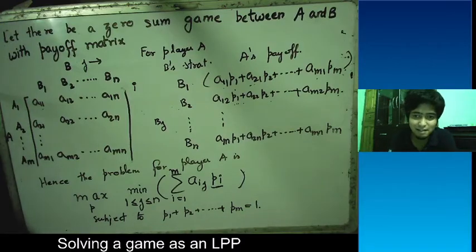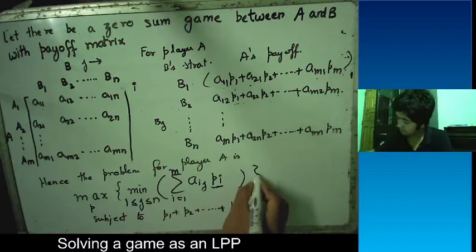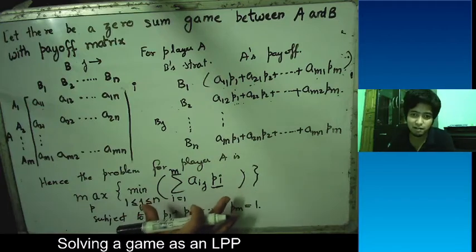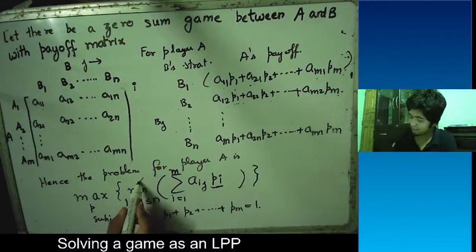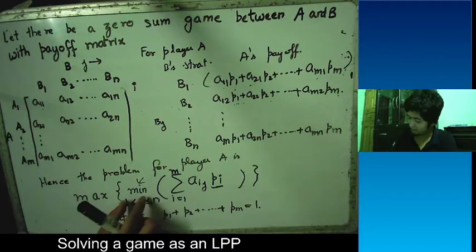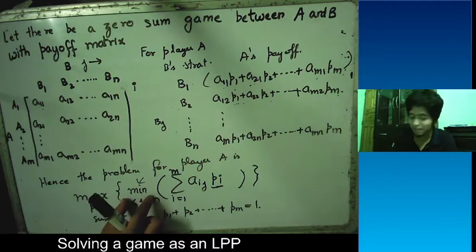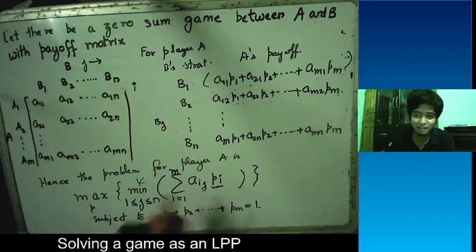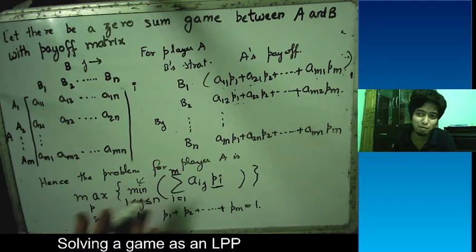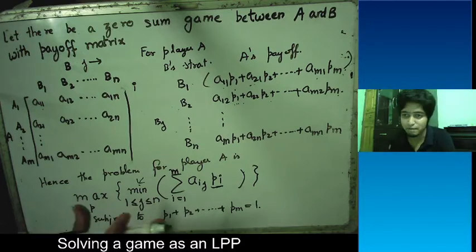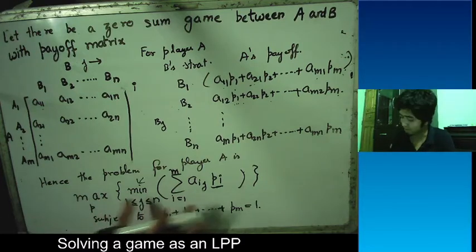Even though the constraint is linear, this part over here is not linear because we still have a minimization in between. If there were no minimization over here, then maximizing just this one would be an LPP because it is linear. But because of this minimization, it is not yet linear. So first of all, we will have to do something about it.